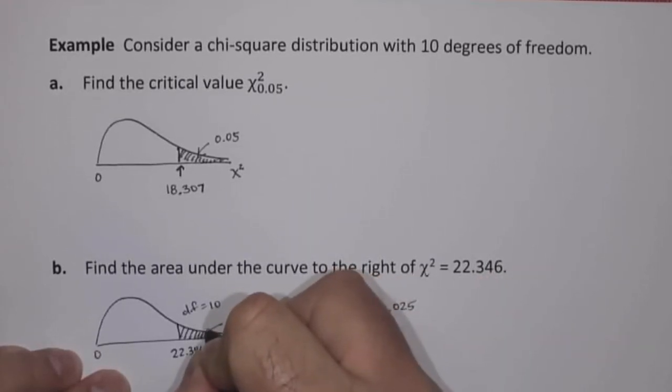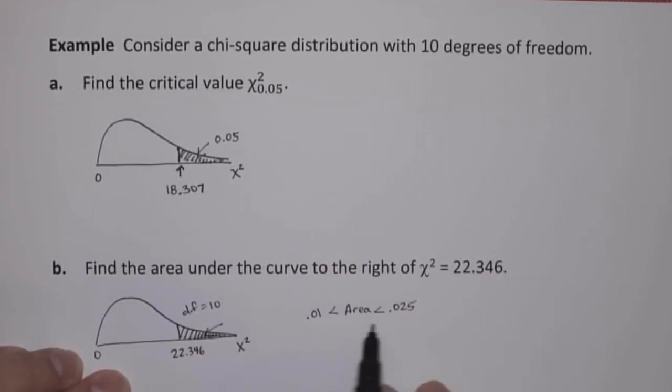So this area right here, with the table, I can't find precisely, but I know it's going to be something between 0.01 and 0.025. That's the best I can do with the chi-square table.